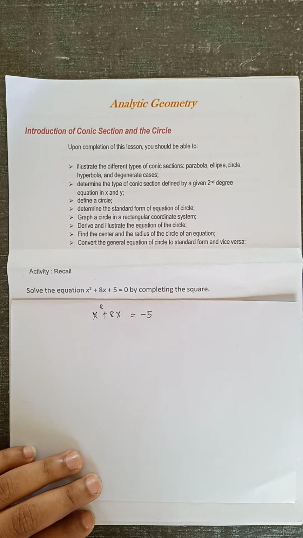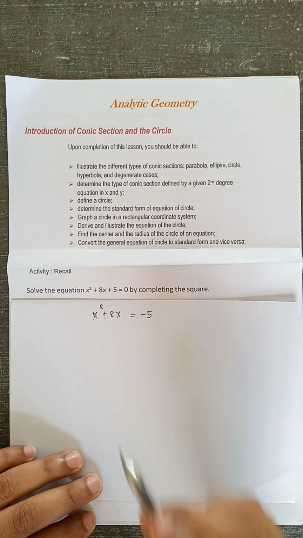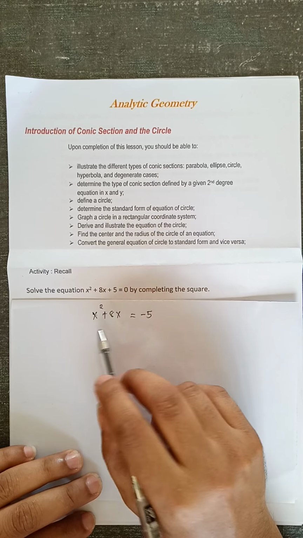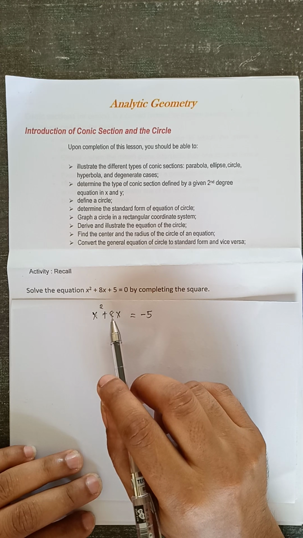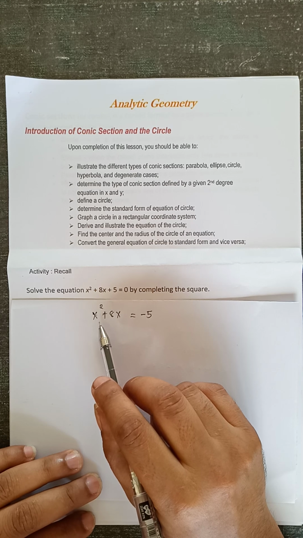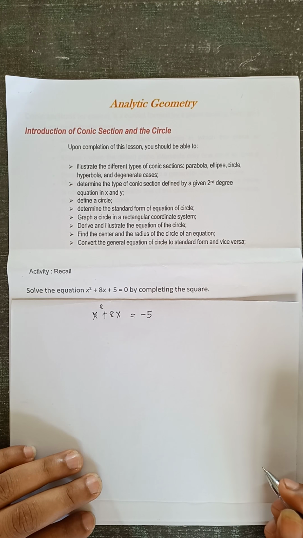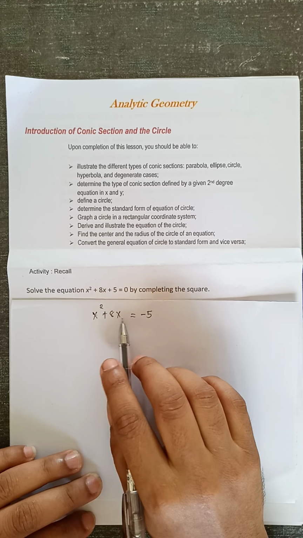So next thing to do is to find a number or a digit that we will add to our two terms to make it a perfect square trinomial. What will we add?